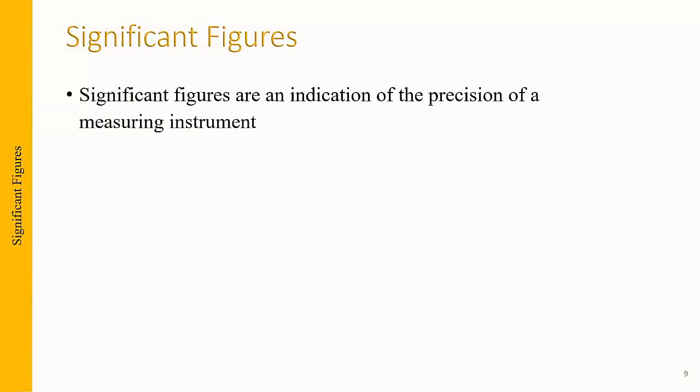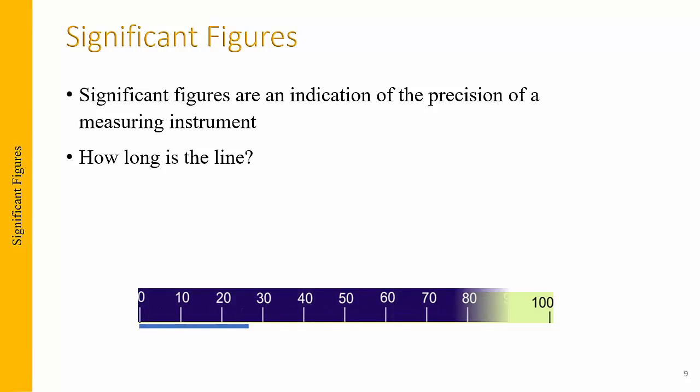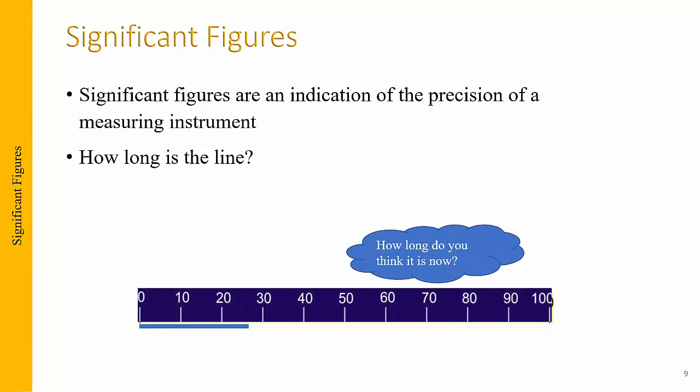Significant figures indicate how precisely we've made our measurements. Given a 100 centimetre ruler, how long do you think this line is? We could possibly estimate it to be about 30 centimetres. How long do you think it is now?